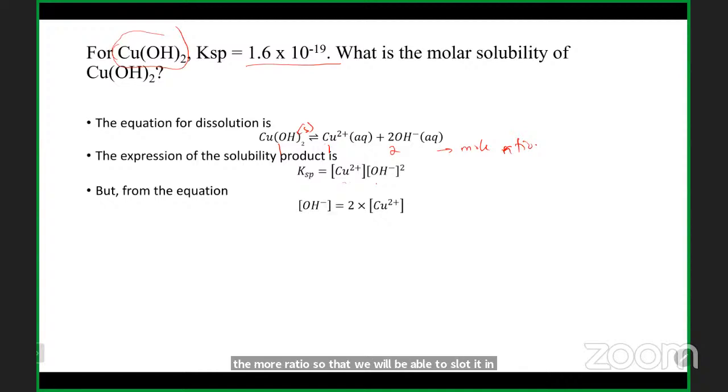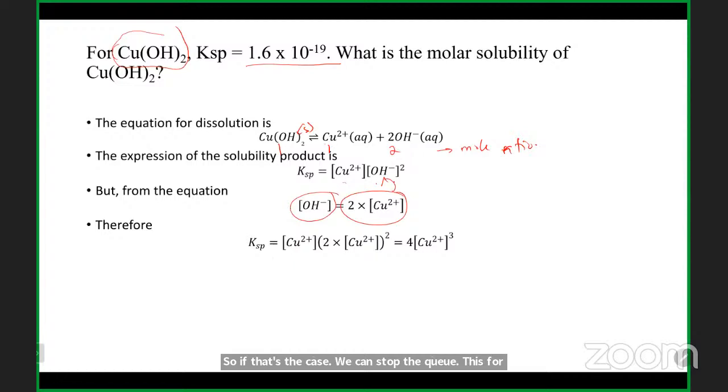So we can substitute: OH minus is 2 times Cu2 plus, so we slot this value in for OH minus squared.